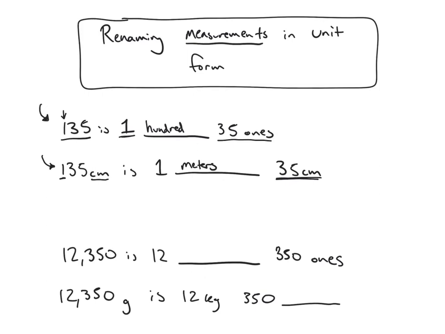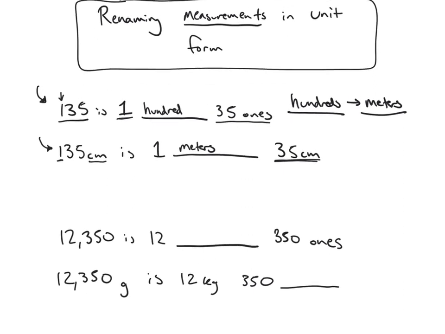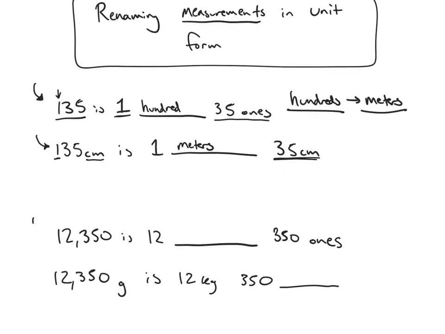So this shows the connection between hundreds and meters, between our place value units and our metric measurement units. So the hundreds place when we're dealing with centimeters is equal to meters when we're looking at a number written in centimeters.